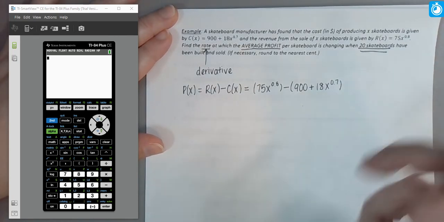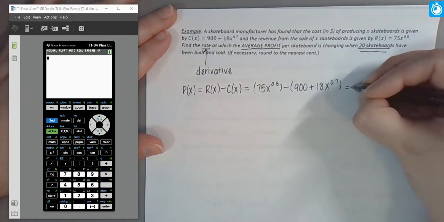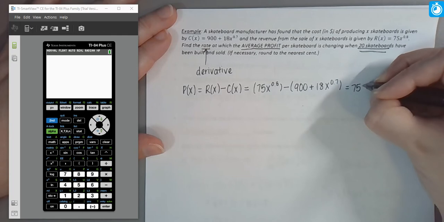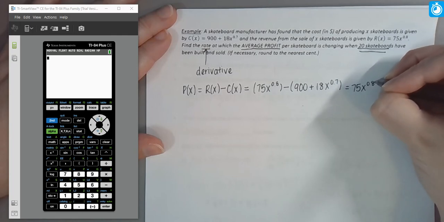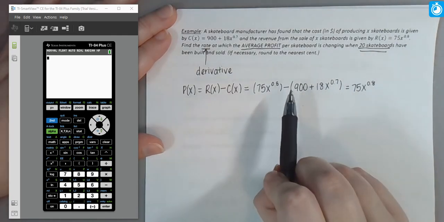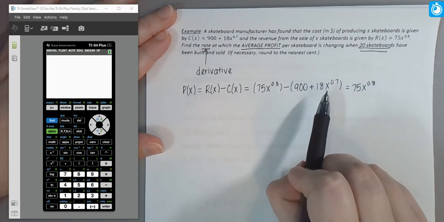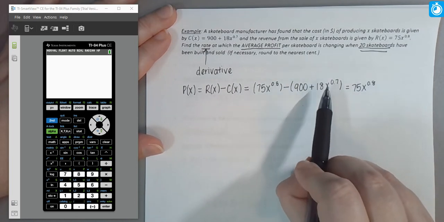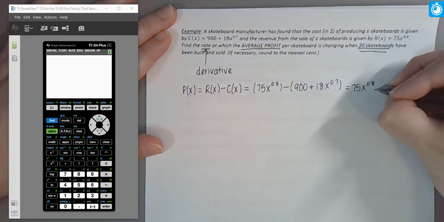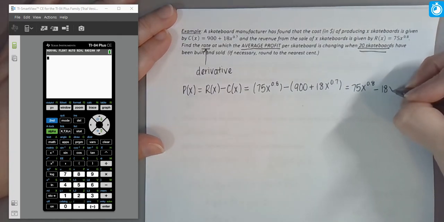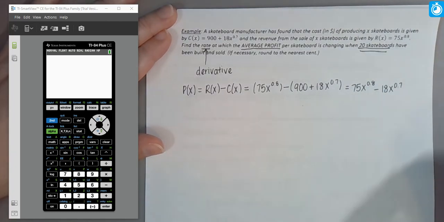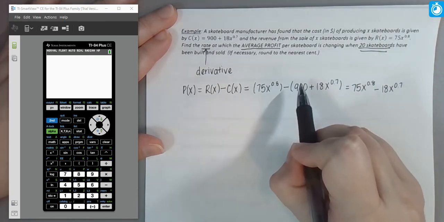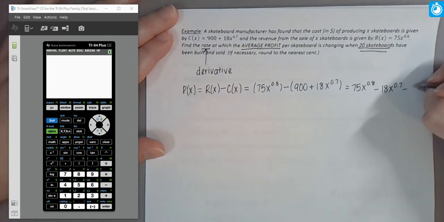So once we combine all of this together, clean it up, it's going to be 75 times x to the 0.8 power. And if we list in order, the next term we'd want to write would be the term with x to the 0.7 power. It's being subtracted, so it'll be a negative term. So minus 18 times x to the 0.7 power, minus 900.